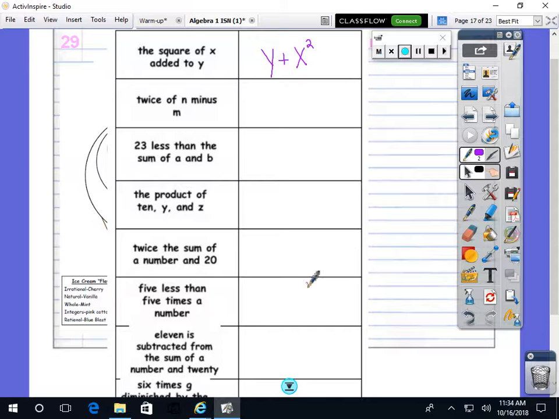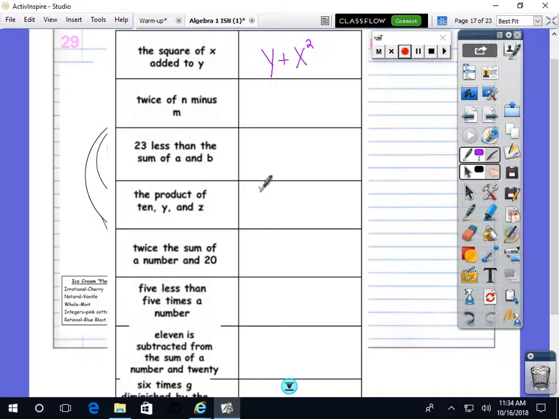Now, since it is addition, and we all know that addition is a commutative property and can be done in any order, it would be okay had you wrote plus y on the end. Because adding doesn't matter what order we do, right? Or multiplying, right? Okay, they're both commutative property. You can do them in either order and you still get the right answer. But according to this phrase, it's being added to the y. So I put y first and then I add that to it.